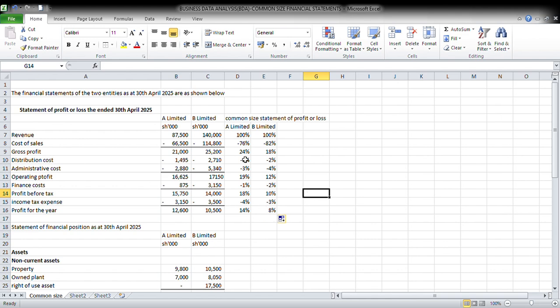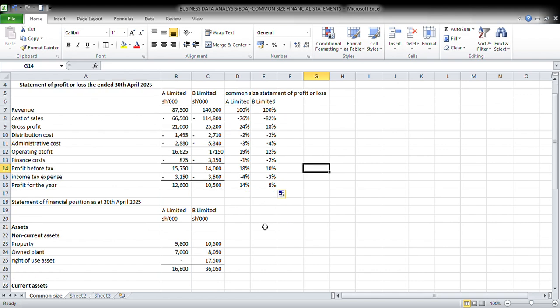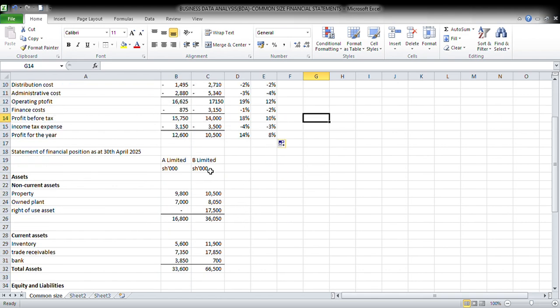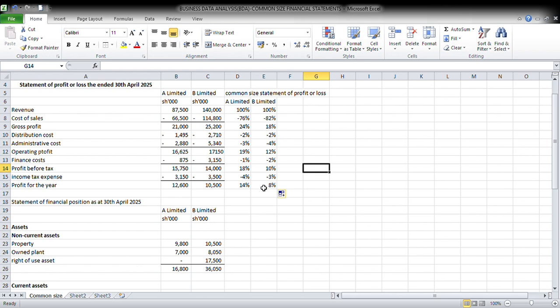So you can see. Then for the statement of financial position, you can also do the same. Say common size financial position.